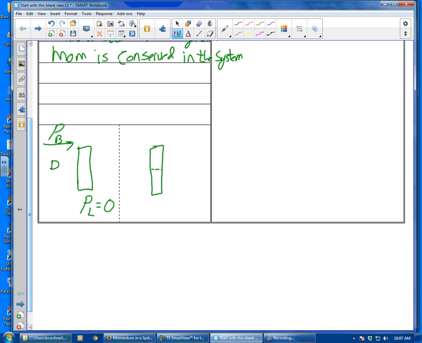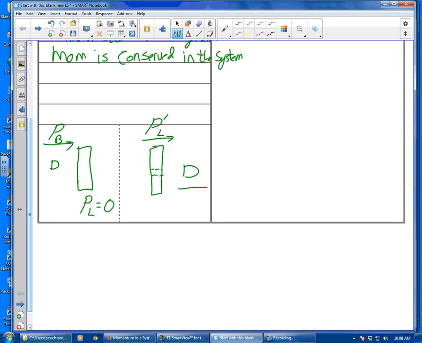And then afterwards, I've got this block. It actually has this little hole in the middle of it now, and that's one of the simplifications. They didn't talk about the bullet pushing any of the wood out of the block or something. Now, I'm going to say that my block has a prime on there to indicate that it's a different momentum than that first one.